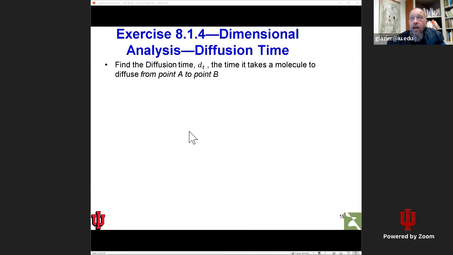Okay. The last one is just a bit trickier. It says, suppose that we wanted to figure out the diffusion time. We know the answer already. But let's do it this way. We want to know the time it takes for a molecule to go from point A to point B. What is that time?